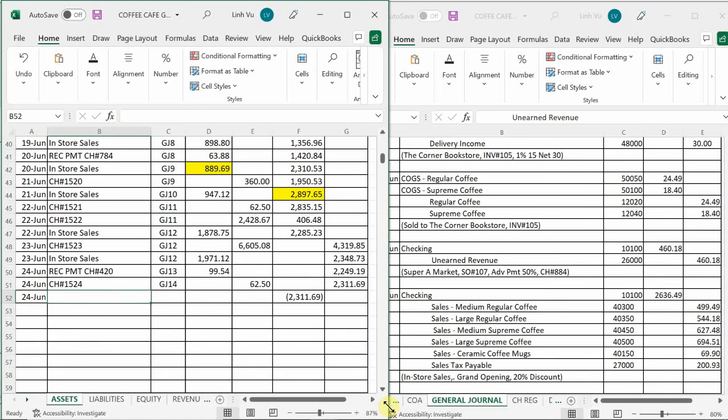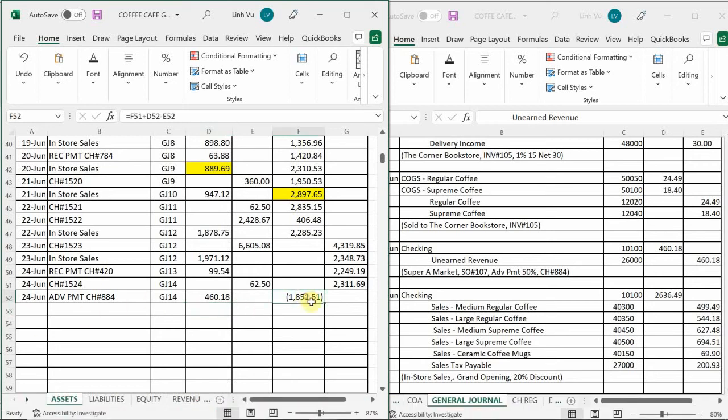Okay, so advanced payment. So I increased my checking account by $460.18. Right? Let me do one at a time first, and then we'll go ahead and go through it.